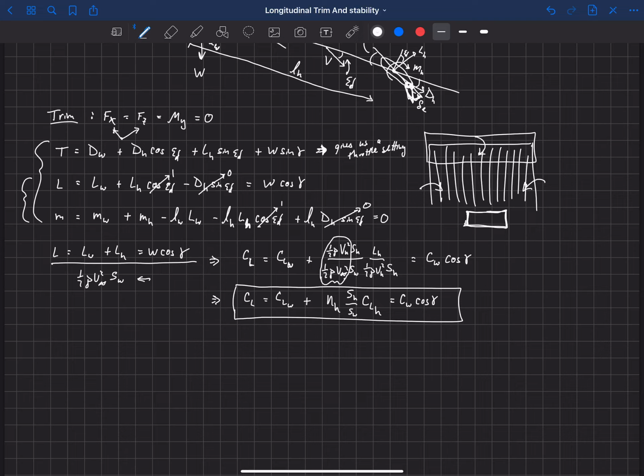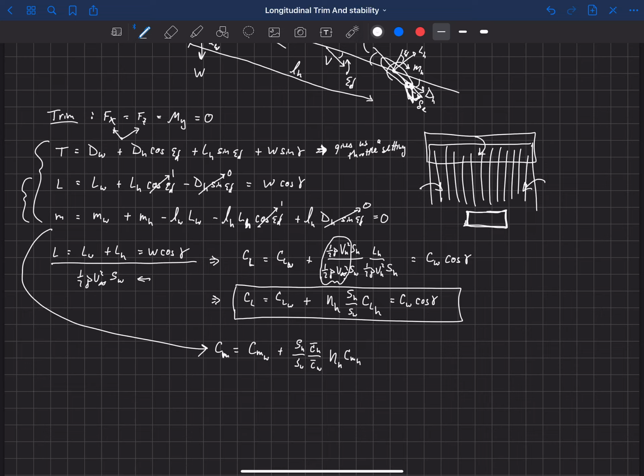We can do the same thing with the pitching moment equation, and I won't work through that in nearly as much detail, but if you non-dimensionalize that, then what we get is the pitching moment coefficient is equal to the pitching moment coefficient on the main wing plus S_H over S_W, C bar H over C bar wing, eta sub H times C_MH.